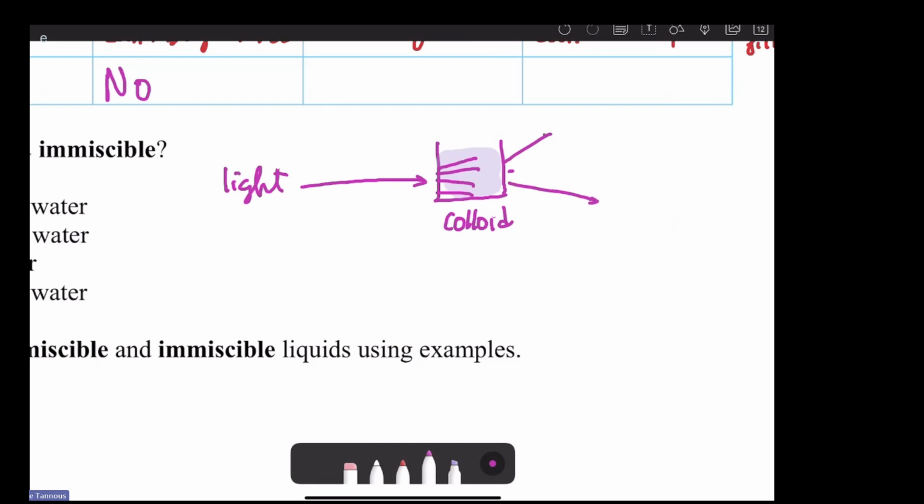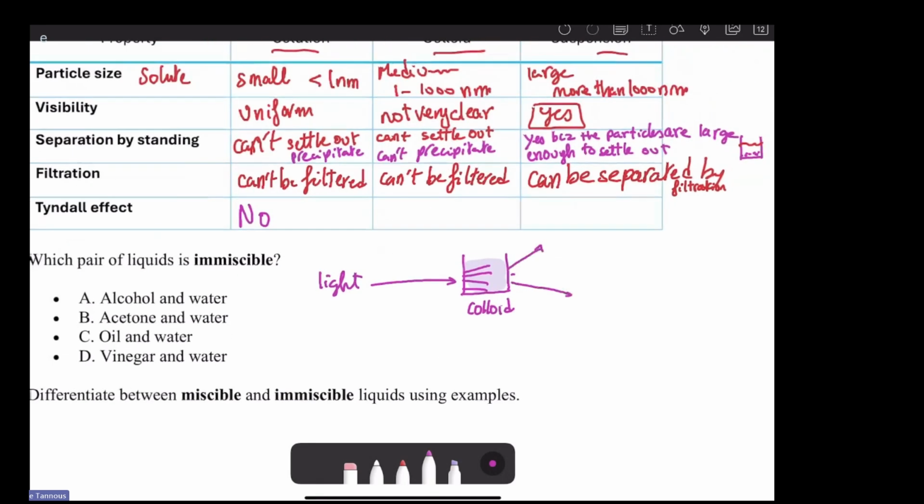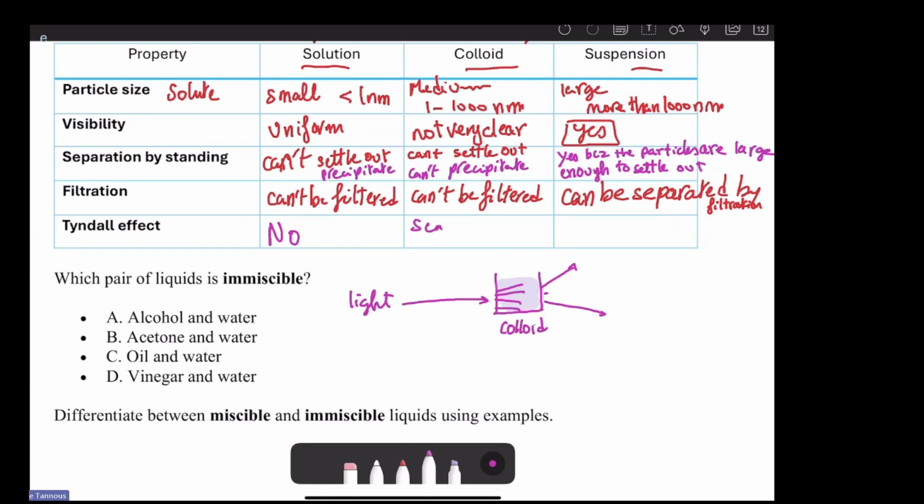I can see the particles inside the colloid when I direct the light on them. So we say, yes, it scatters light. It exhibits the Tyndall effect.